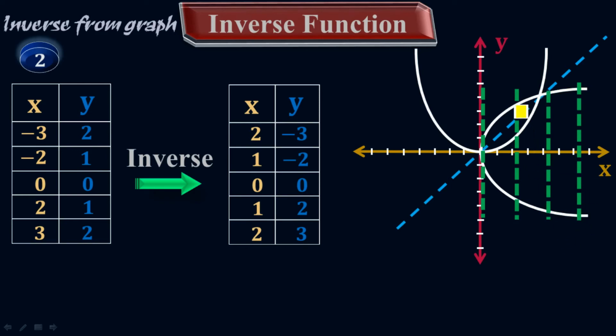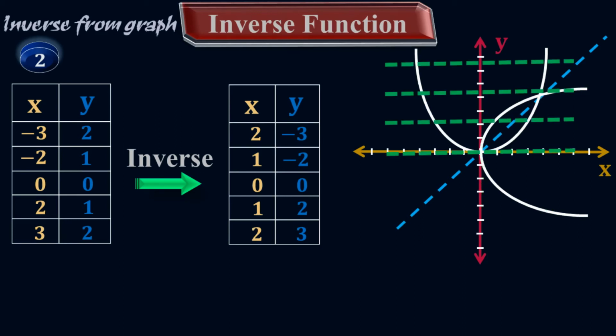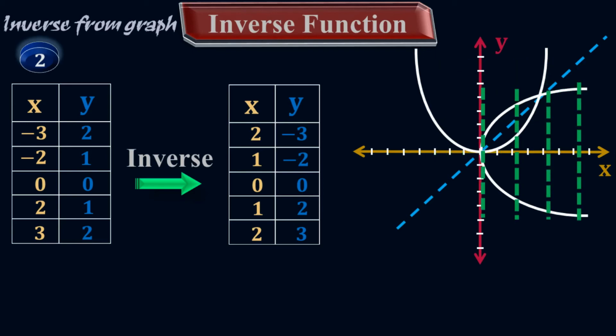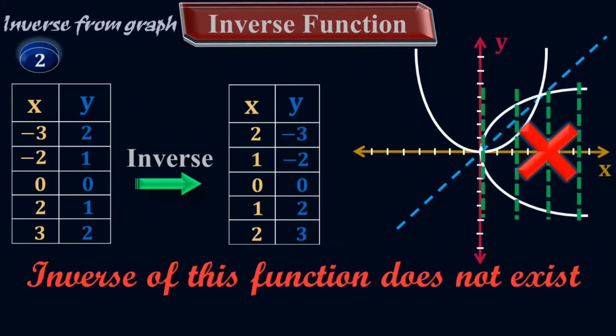All the lines touch the graph more than once, because my original function does not satisfy the horizontal line test. So I can write that the inverse of this function does not exist.